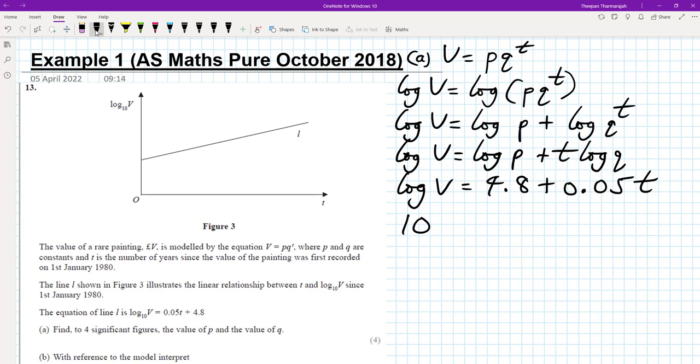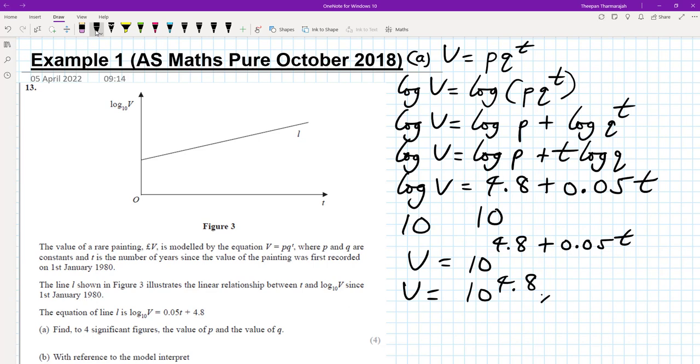So it's anti-log both sides. So we get v is 10 to the power of 4.8 plus 0.05t. Use the laws of indices here. So that's times 10 to the power of 0.05t.